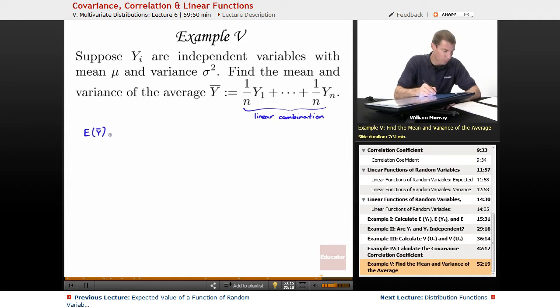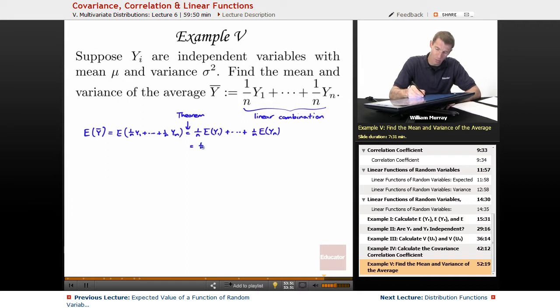So the expected value of y bar is just the expected value of 1 over n y1 up to 1 over n yn. And I can distribute by linearity of expectation. That was the theorem that we had. So I can distribute and pull out those coefficients, 1 over n times E of y1 up to 1 over n times E of yn.